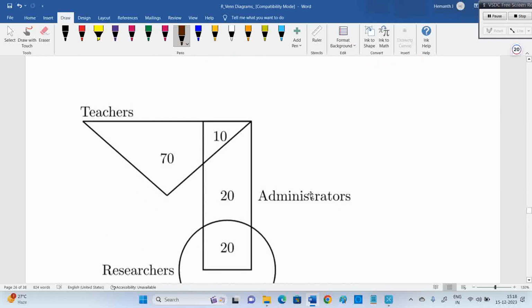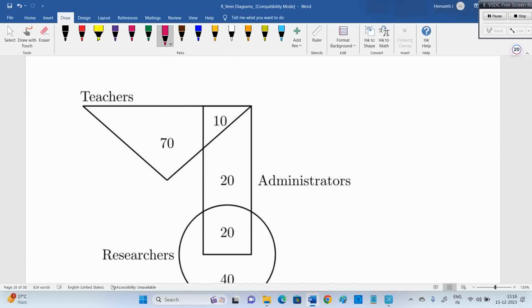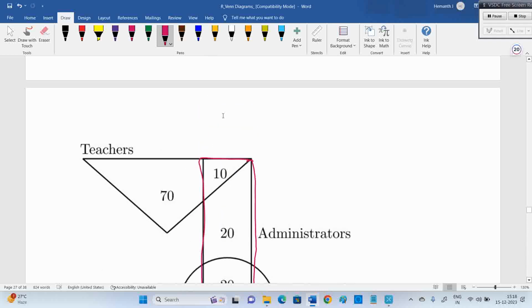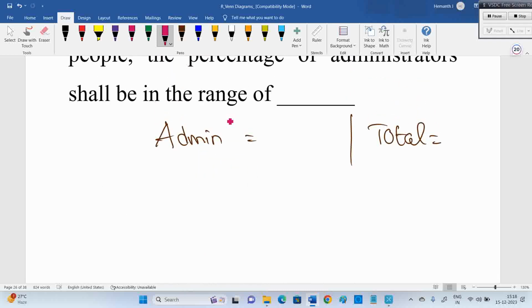So guys, admin is rectangle shape, right? What is that value? Admin: 10 plus 20 plus 20. Okay, 50 is the admin. What is the total?